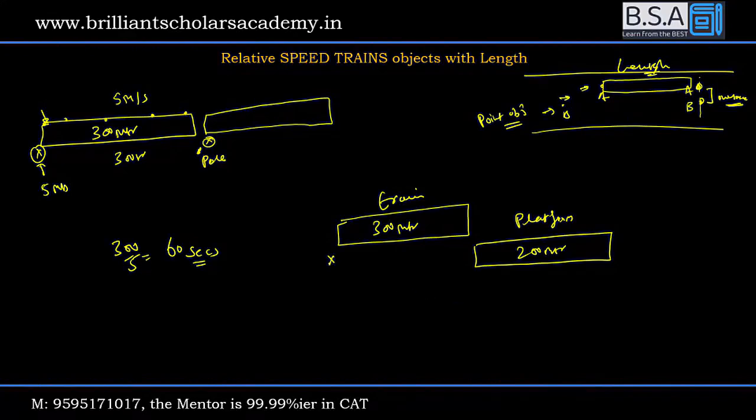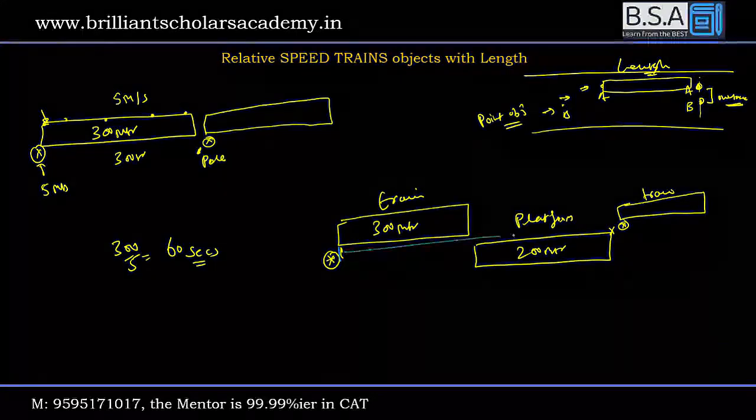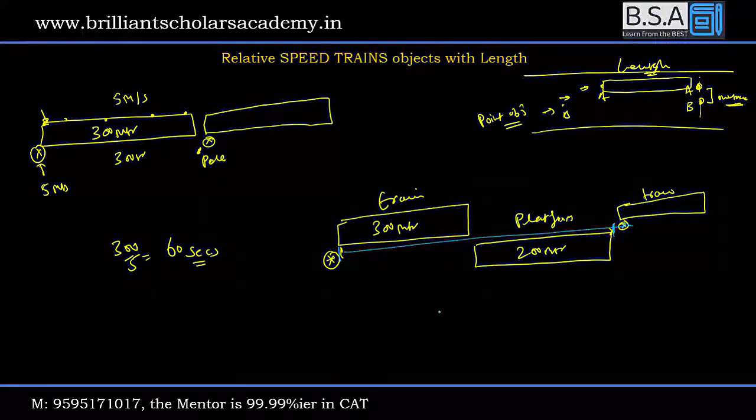Now this corner of the train will have to cross this corner so that we can say crossing has happened. So how far does this corner have to travel? This corner has to travel the complete length, 500 meters.